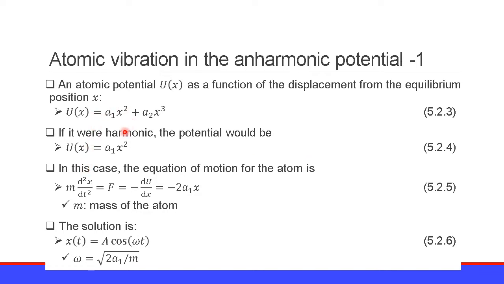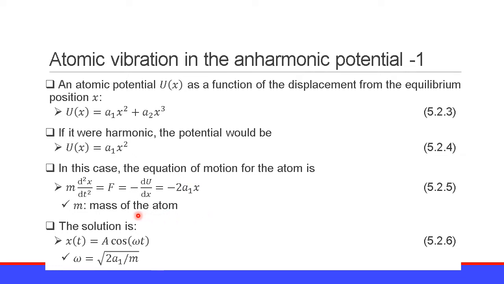If the atomic potential were harmonic, the potential can be written U(x) equals A1 x squared. In this case, the equation of motion for this atom is m times the second derivative of displacement x with respect to time, equal to the force, which is minus the partial derivative of the atomic potential with respect to displacement from the equilibrium position, and that is equal to minus 2 A1 x.